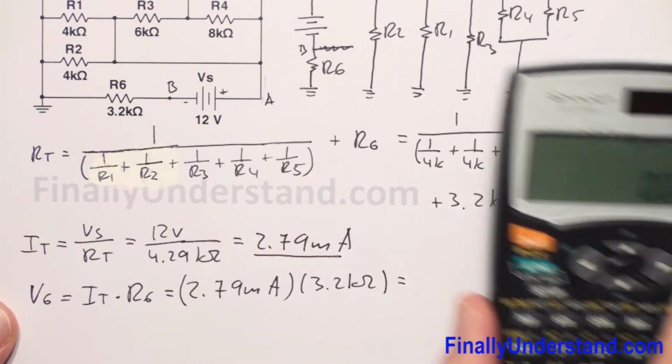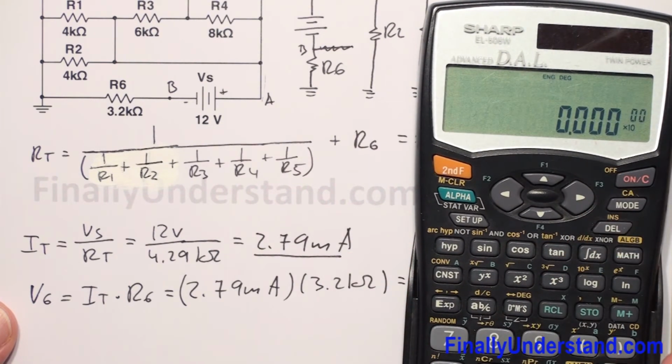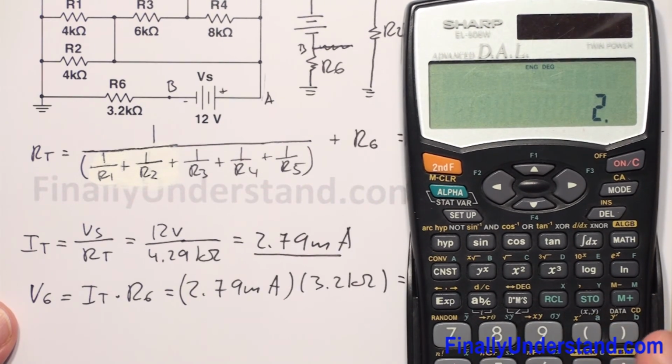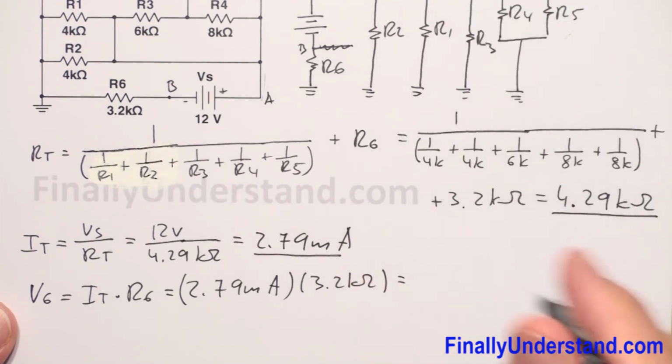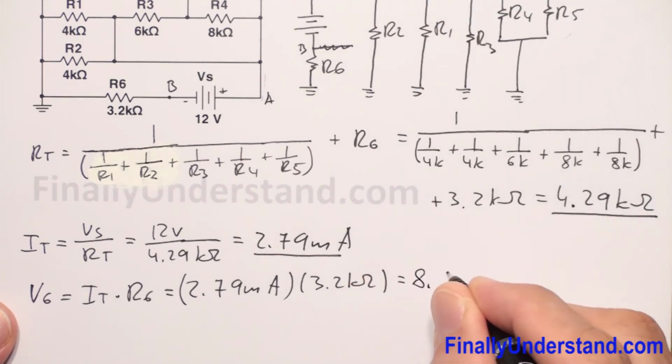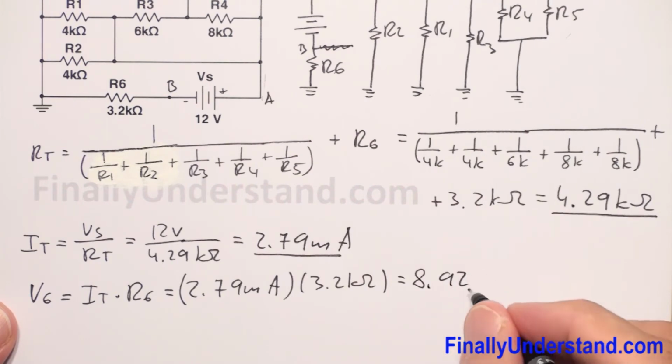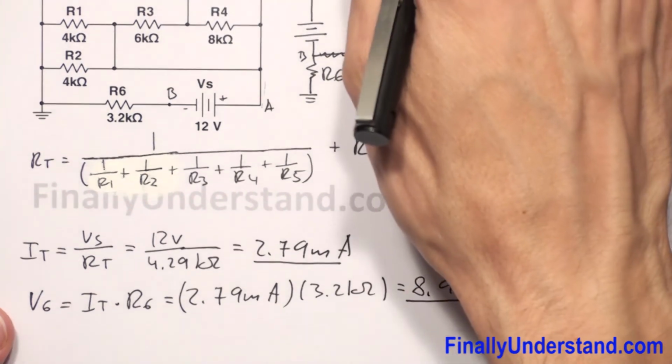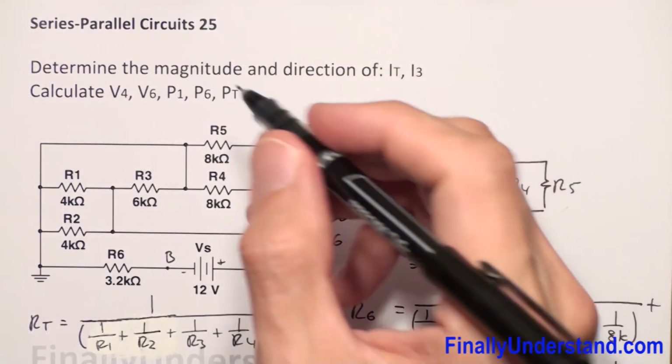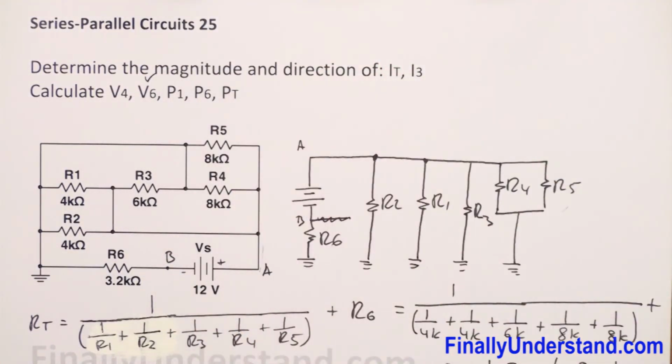This is 2.79 times 10 to the negative 3 times 3.2 times 10 to the 3, which equals 8.92 volts, okay? And this is the voltage which we're supposed to find. So this is my V6.